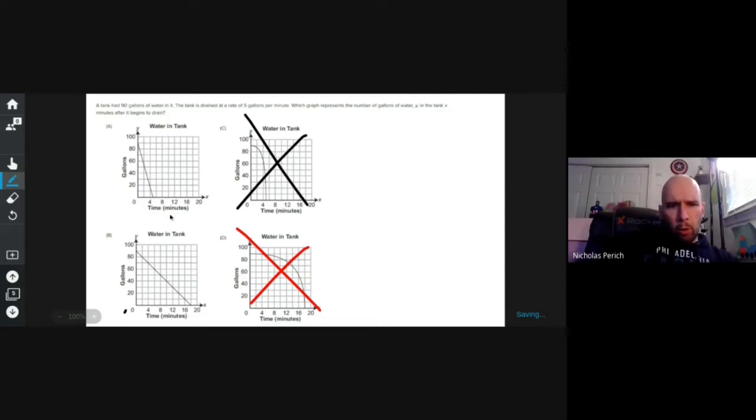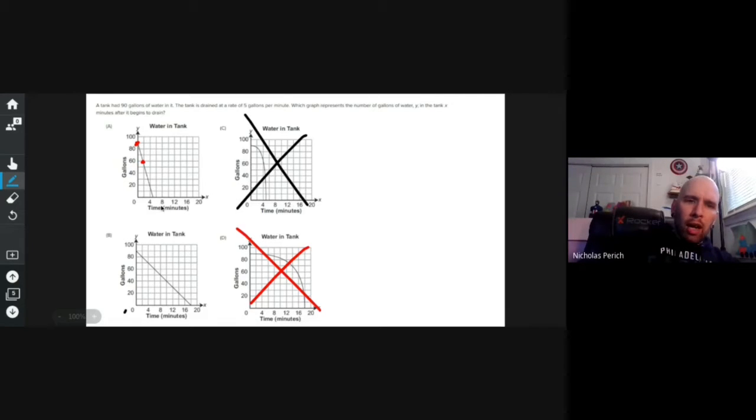5 gallons per minute. All right, so let's find the slope. Let's put a dot there, and let's put a dot there. I need a slope. Remember, rate and slope are the same thing. So I need a slope of -5 because we're losing 5 gallons per minute. Every time I go up or down a block, I'm not going up 1. I'm going up 10.